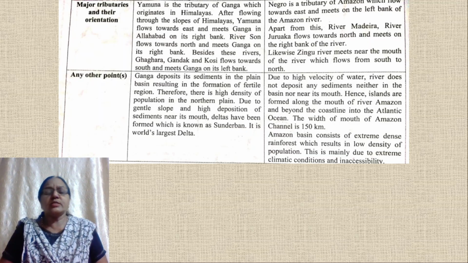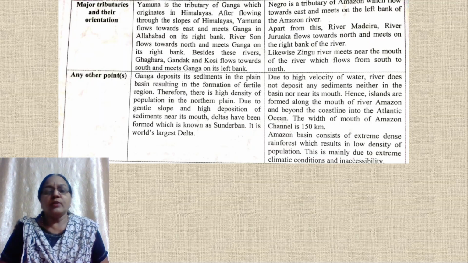Now, apart from this, we also have the formation of the delta. Now, how is the delta being formed? I've already explained to you, but here I'll just tell you in short. The Ganga River deposits its sediment along its mouth.